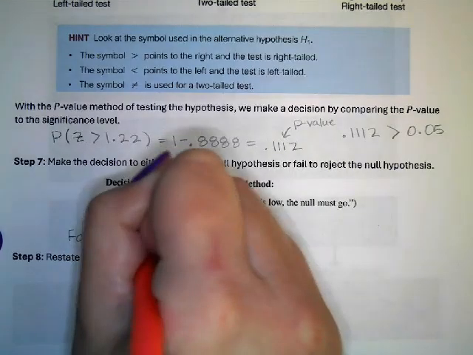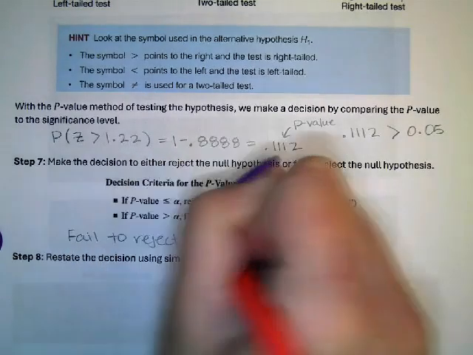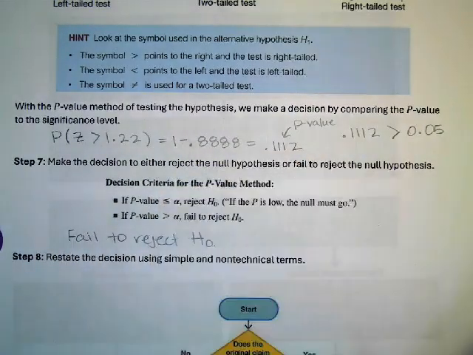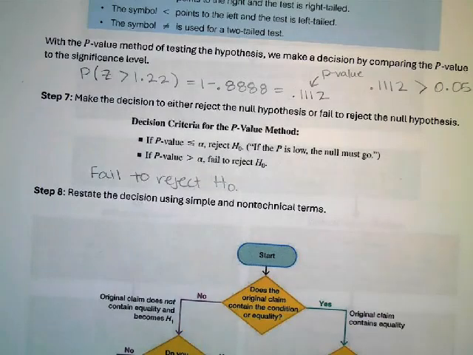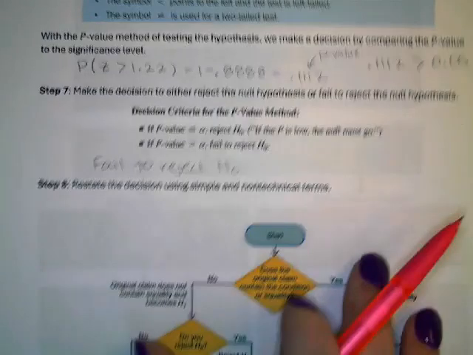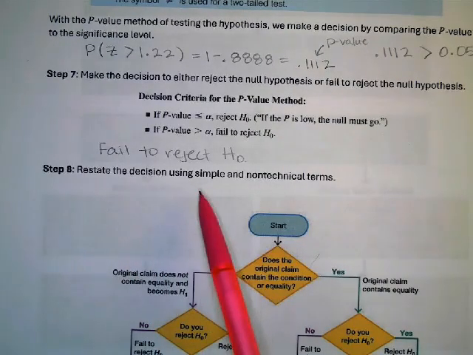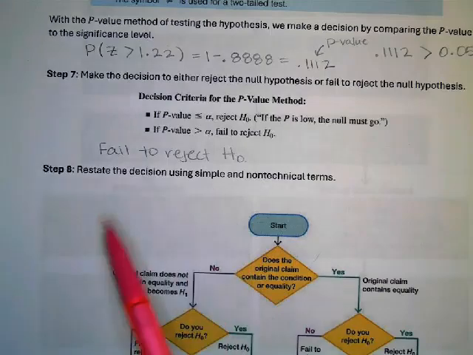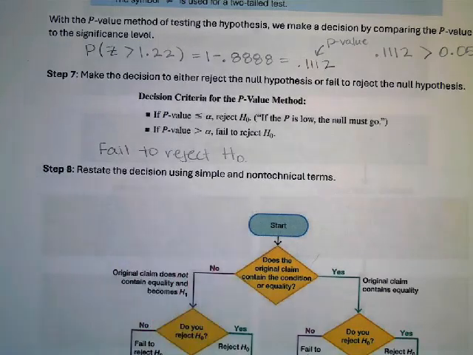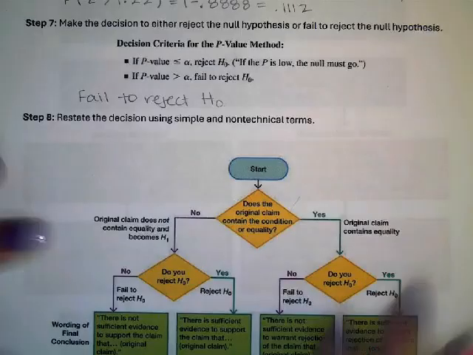So we have made the conclusion of our hypothesis test. This is our conclusion. At this point, we need to restate our conclusion using simple and non-technical terms because we want to have it be something that the standard layperson could read and understand what we mean. So this diagram gives you a way where you can write a sentence that the average person could understand.